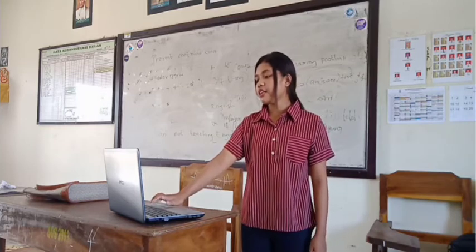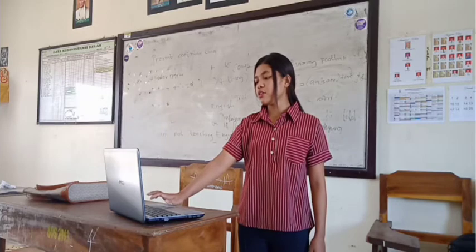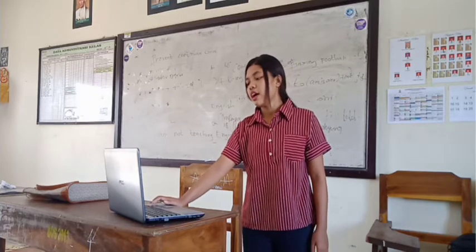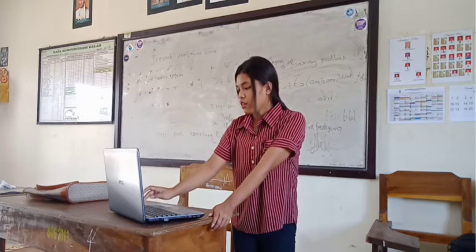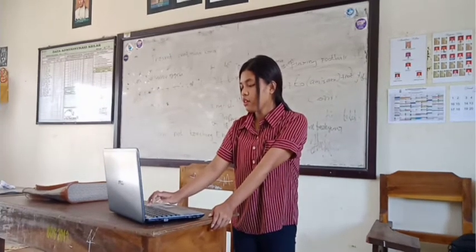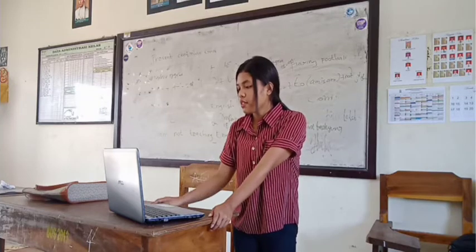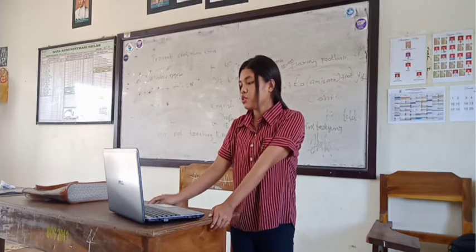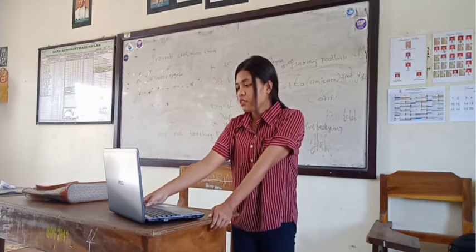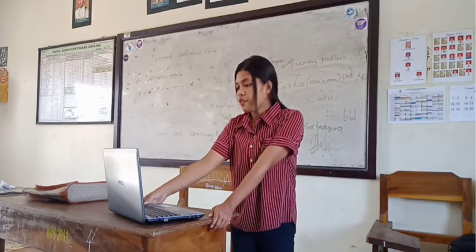And then recount text uses conjunctions and time connectives. Examples of conjunctions are when, before, after, and so on. So the last, it uses adverbs and adverbials.